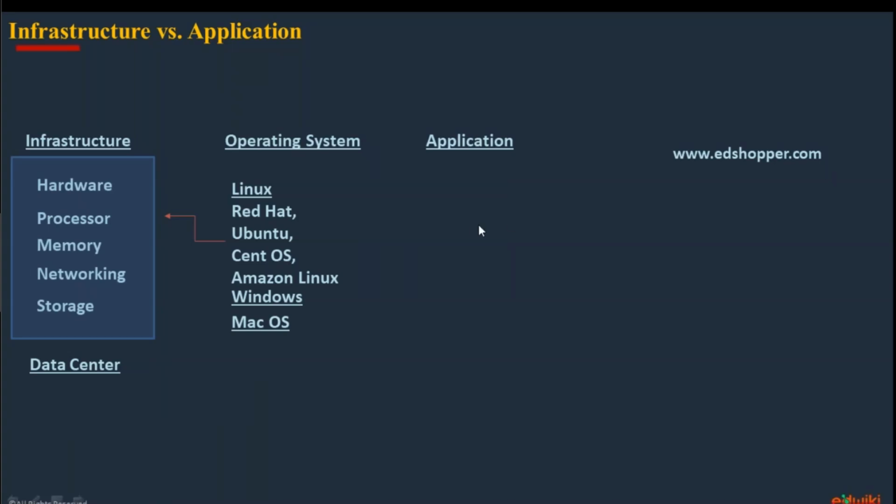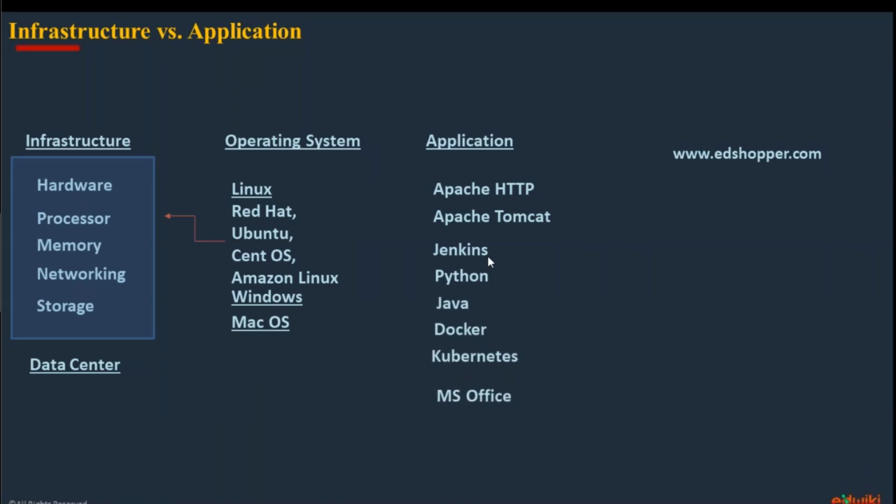When I say application, any software that we use to get your specific use case done is called an application. In the DevOps world, like Apache HTTP, Apache Tomcat, Jenkins, Python, Java, Docker, Kubernetes, whatnot, almost all the tools we are talking about are applications which we need to install on the operating system.